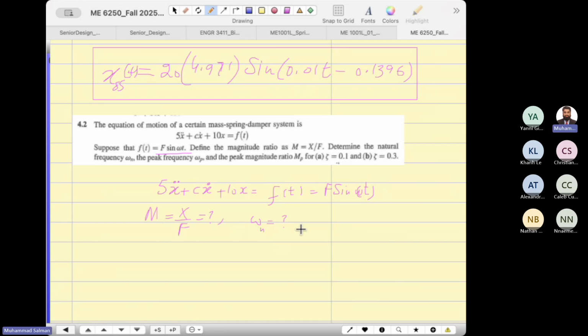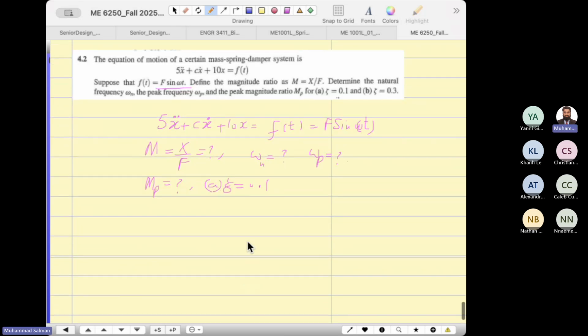Determine the peak frequency. Determine the peak magnitude ratio. For zeta, let's do zeta equals 0.1. So let's do this together.